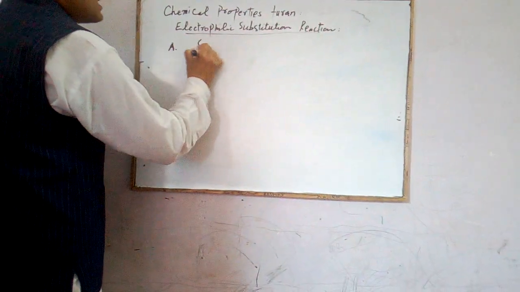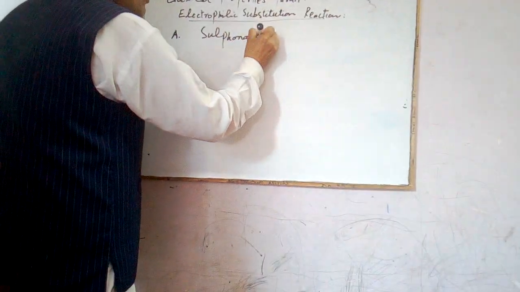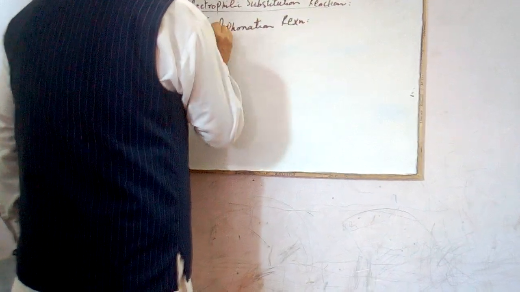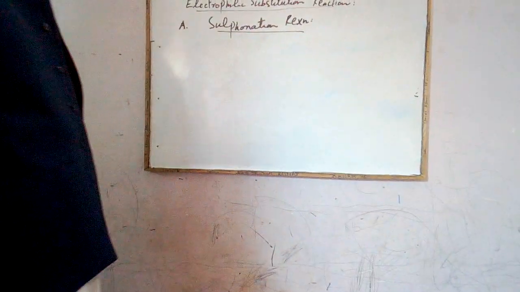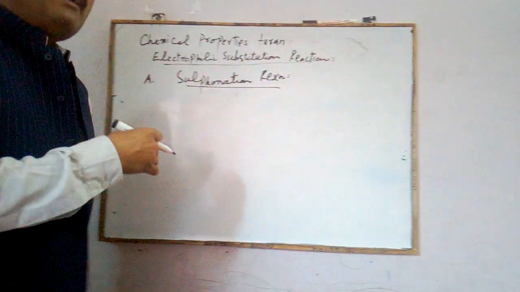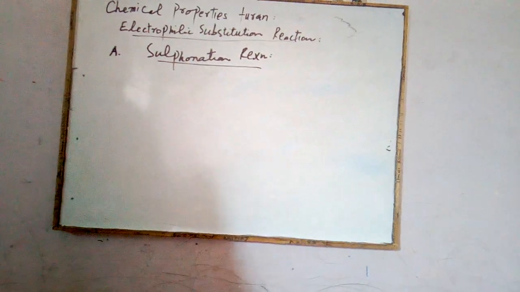Number one is the sulfonation reaction. You know that the introduction of the sulfonic acid group into the furan ring is known as sulfonation.